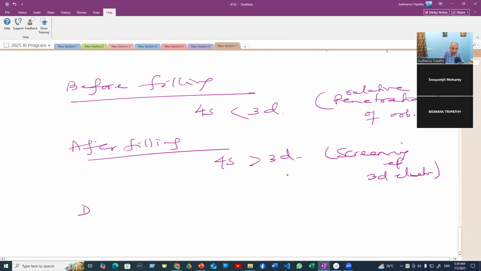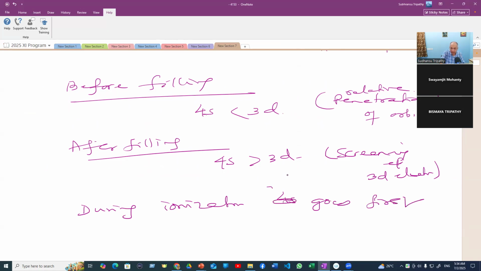Therefore, during ionization, 4s electron goes first, and then n minus 1 d. Because the one which is more energetic is more unstable. So when you apply energy to knock out an electron, first it will go from ns because it has got higher energy.